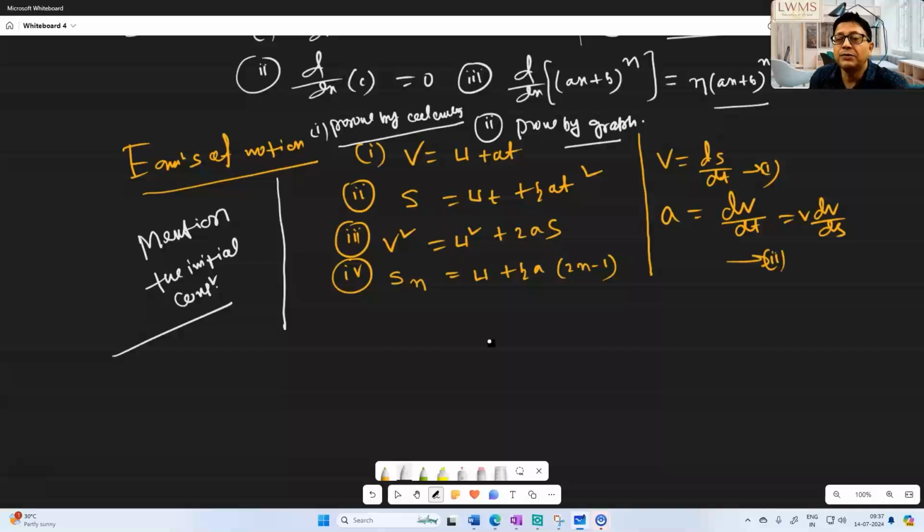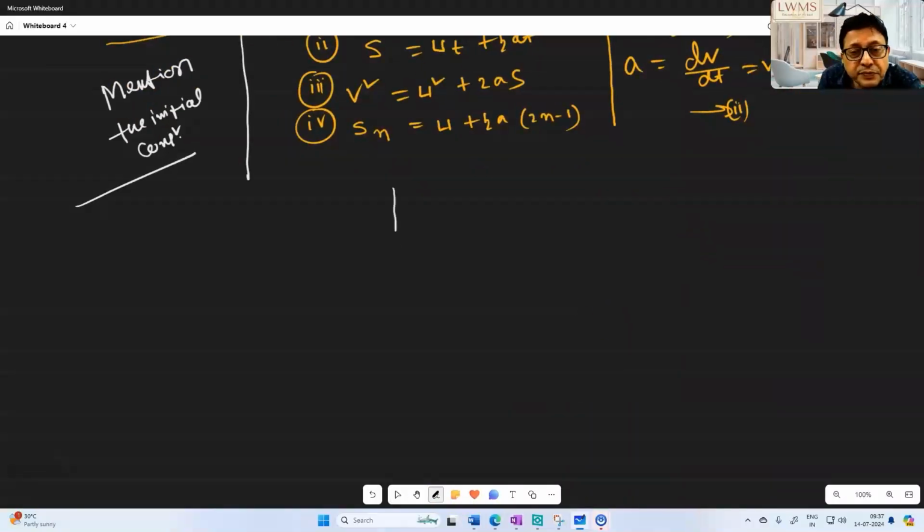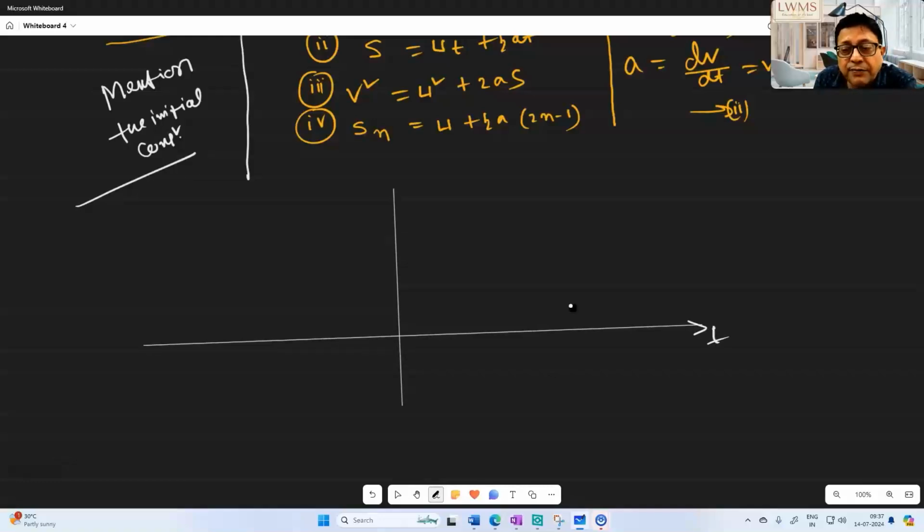I have to remind you some things from graphs. Plotting of graph, all of you know, in case of v equal to u plus at, the graph is going to be a straight line if it accelerates. We don't take time negative, that's why.